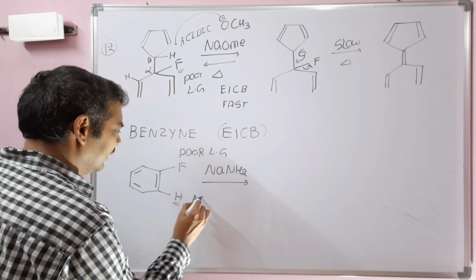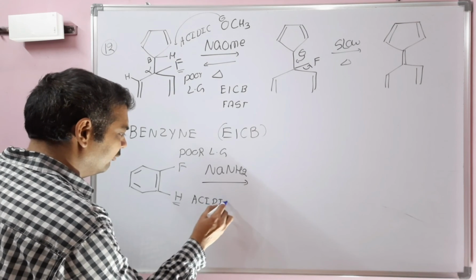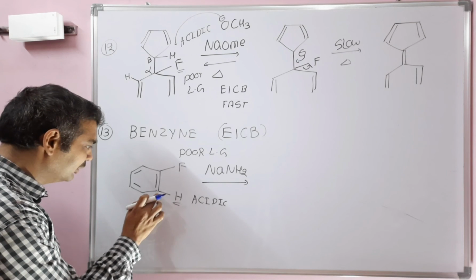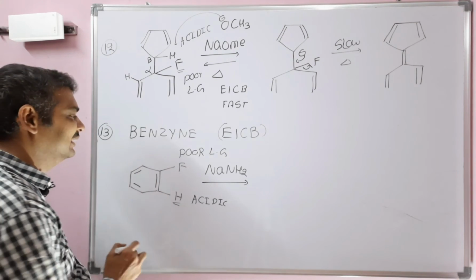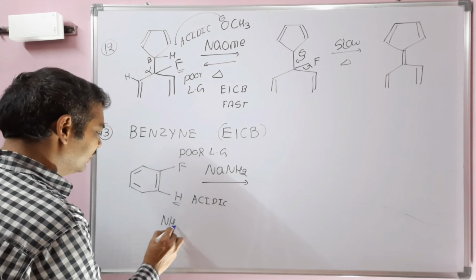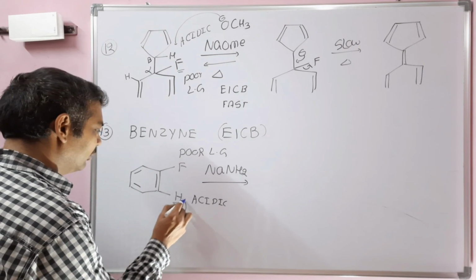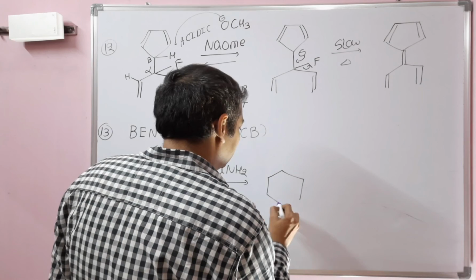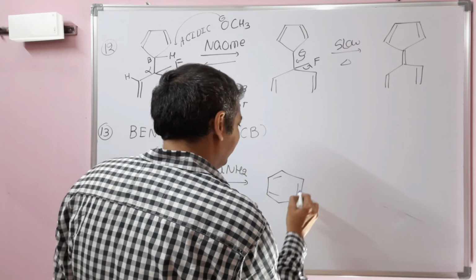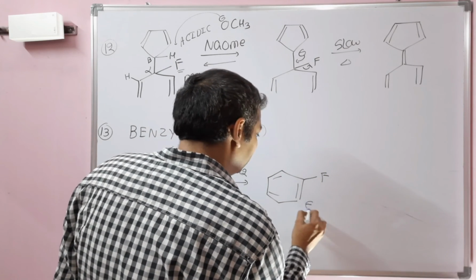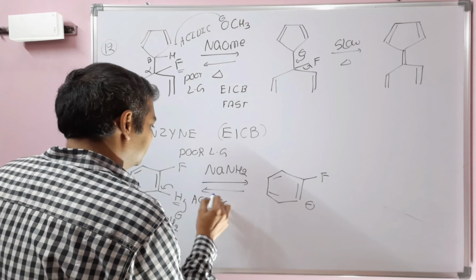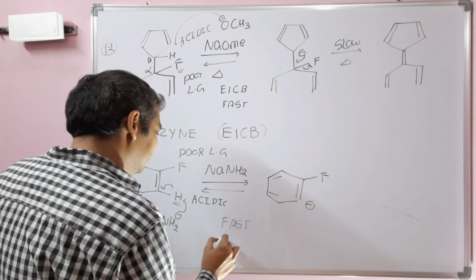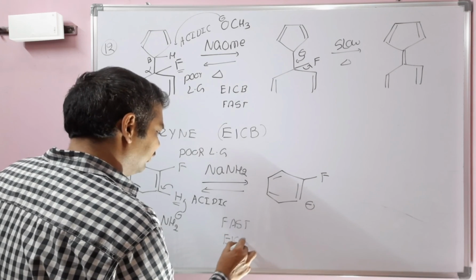So I am abstracting a proton here. This is an acidic hydrogen. Why? Because it is a hydrogen at an sp2 hybridized carbon and it is supported by a vinyl group. The first step, sodamide abstracts a proton at the beta carbon to give a carbanion. This is the carbanion obtained in the first step. It is a fast, reversible acid base reaction, an example of E1CB.